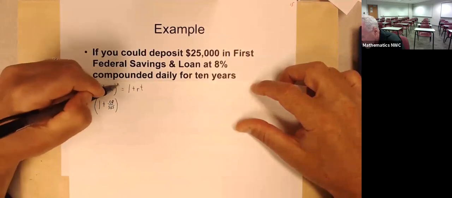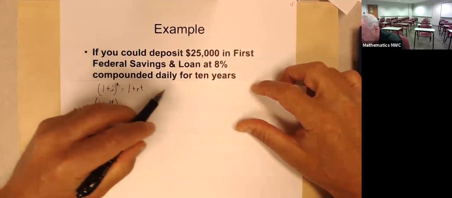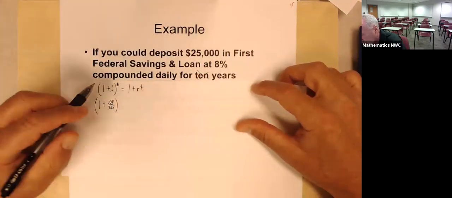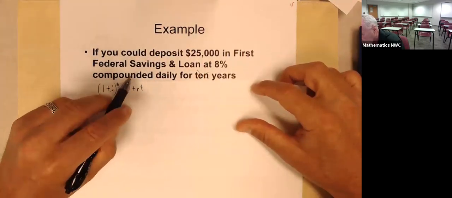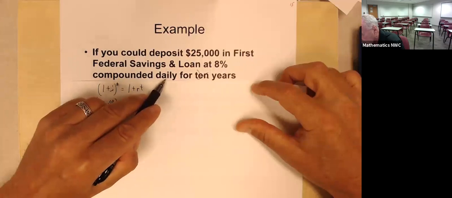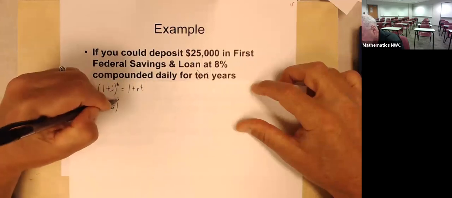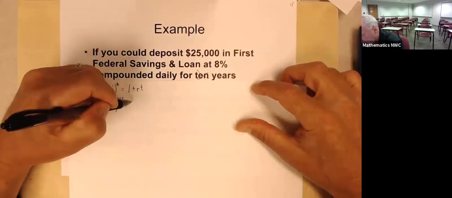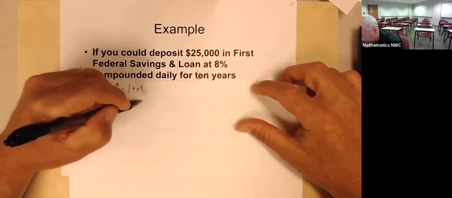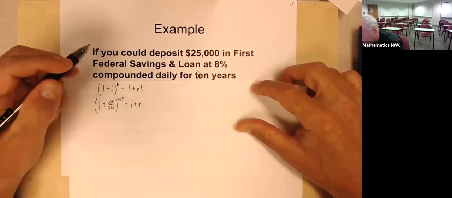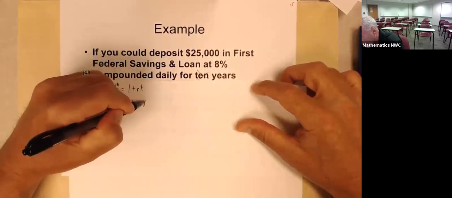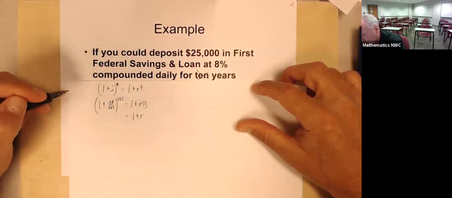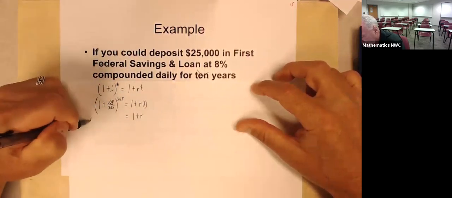Remember we said 1 year, so I ignore the 10 and I'm looking at annual yield. 1 year compounded daily. How many days are there in 1 year? 365. This will be 1 plus R. I'm looking for that annual yield for 1 year. That's going to give me just 1 plus R there. I need to get this amount.